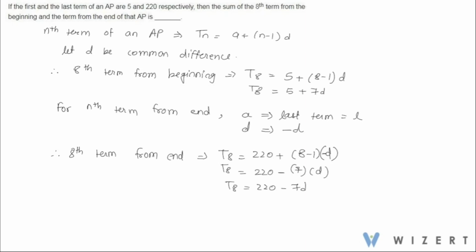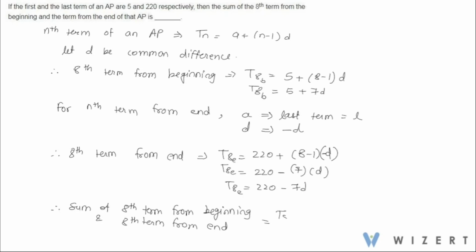Now we are supposed to find sum of these two terms. Therefore, sum of 8th term from beginning and 8th term from end, let's call it as T8b, let's call it as T8e.